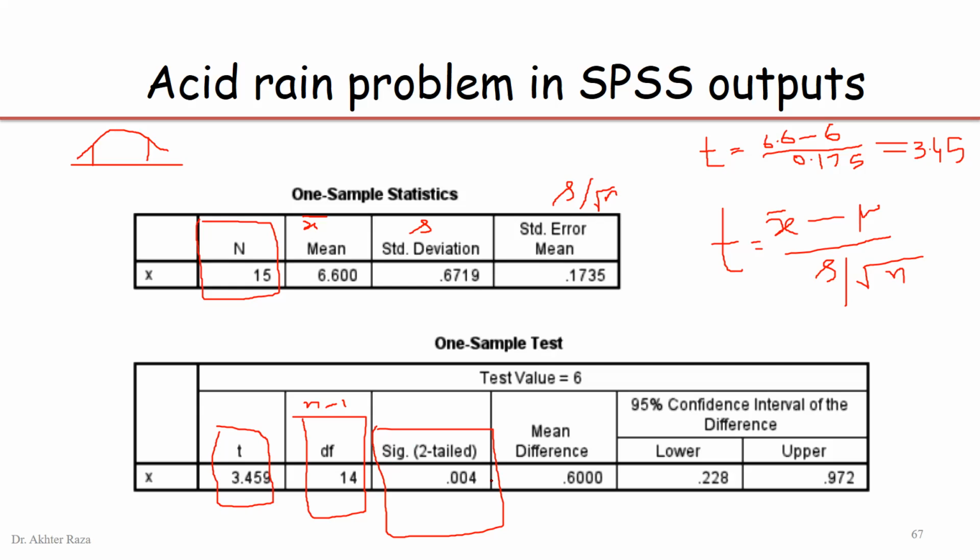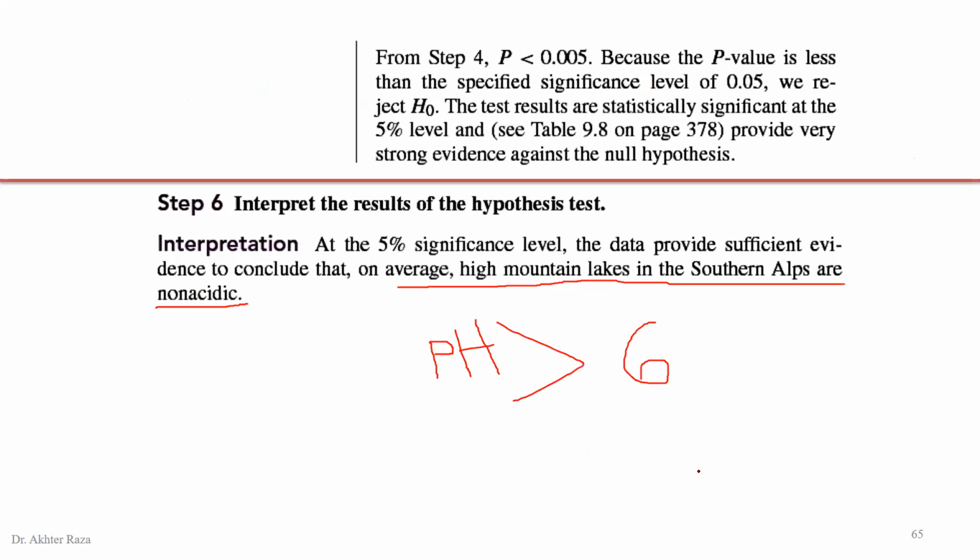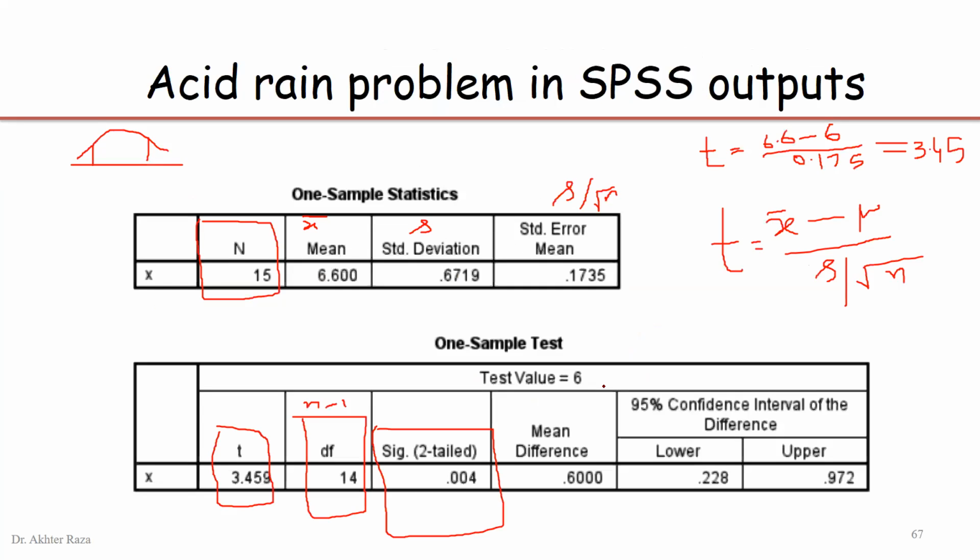This is 0.002, and then 0.002 is to be compared with the 5% level of significance. And our decision will be the same as we have here. The regions are non-acidic because H1 is true. The p-value is very small on two-sided.